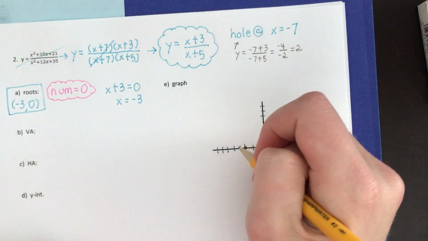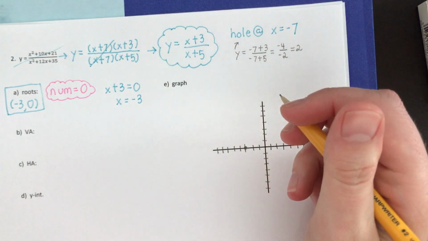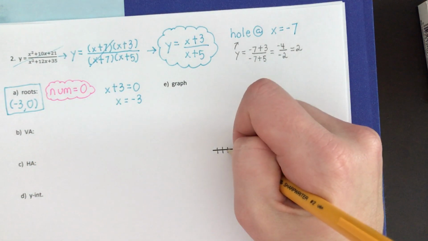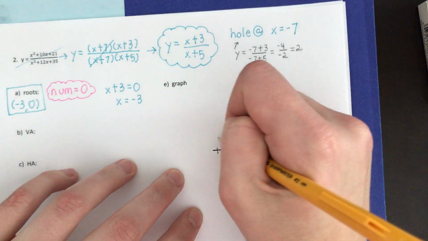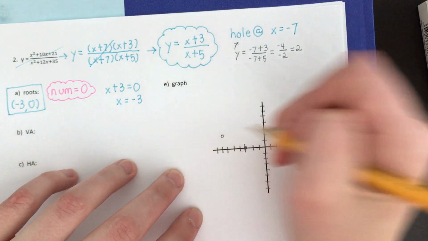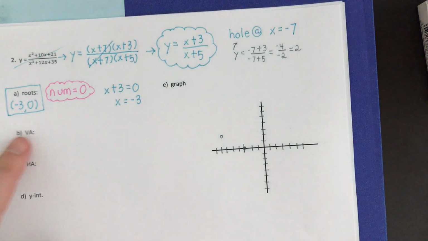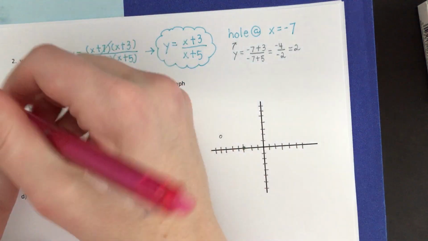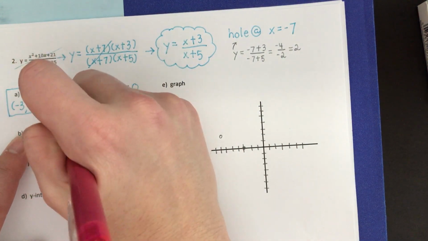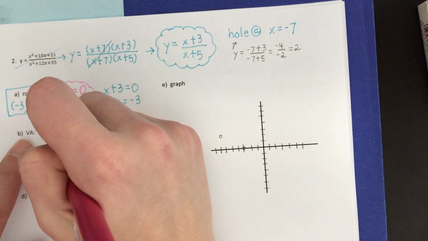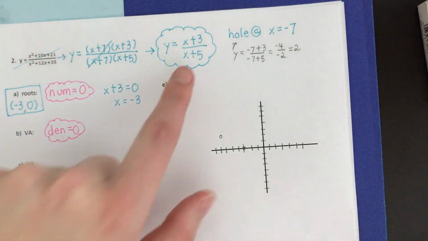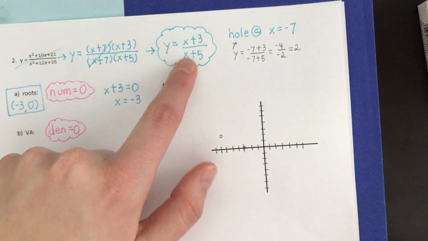So I know I have an x-intercept at -3, 0, somewhere about here. Okay, that's not telling me a whole lot yet. VA: to find my VA, remember that's denominator equal to 0. So this is my denominator. Remember, I'm going back to this.